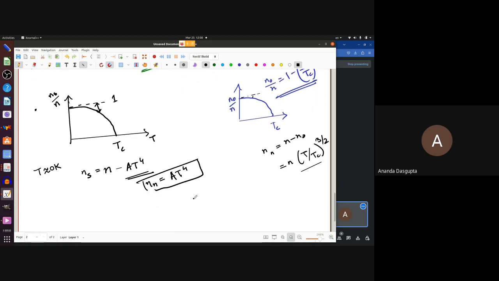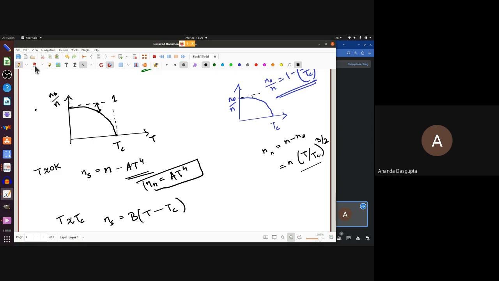Okay. So that was one thing which would immediately tell you that something is happening which is not exactly BEC like. And again, very close to this Tc, if I were to see what happens here when T is close to Tc, the superfluid portion behaves like this.